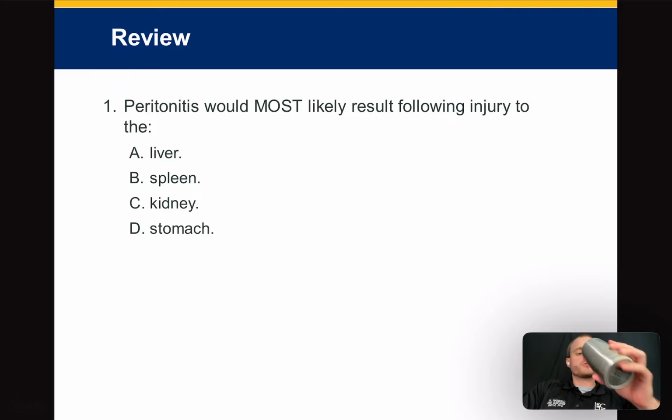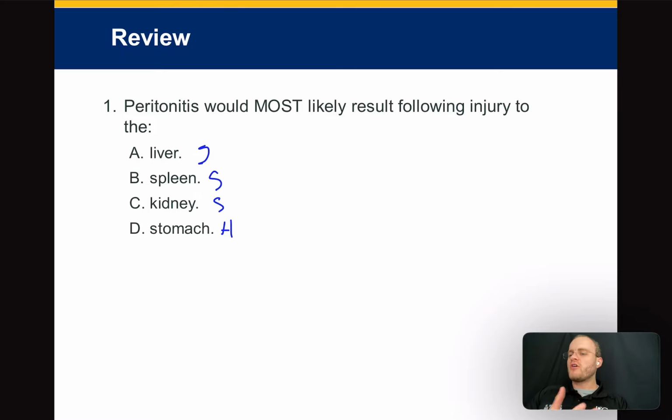Now, question time. Let's burn through these. Peritonitis would most likely occur from which of the following injuries? The liver, spleen, kidney, or stomach? So I'm thinking, I want to show a pattern here. Solid, solid, solid, and then hollow.